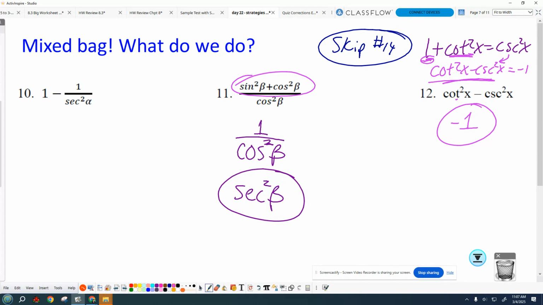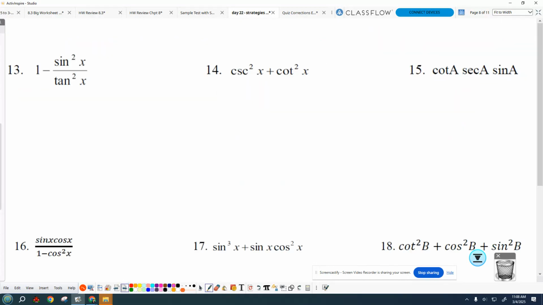Number 14 is completely doable, but all of these have come out to be sine or secant squared. It's going to be two things, two lumps.